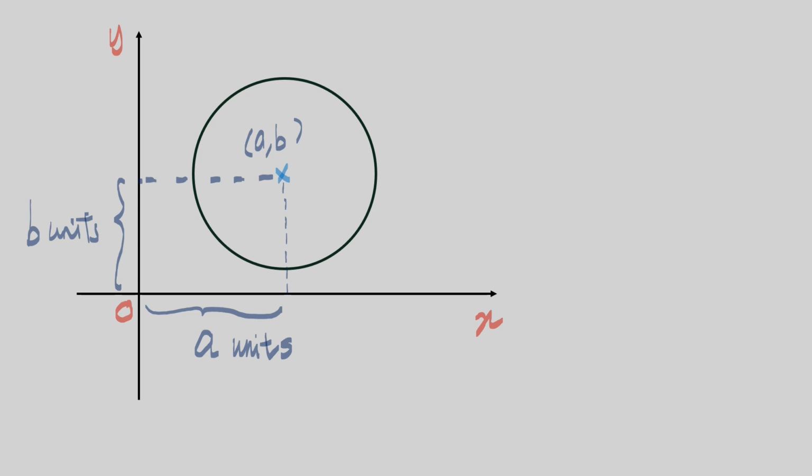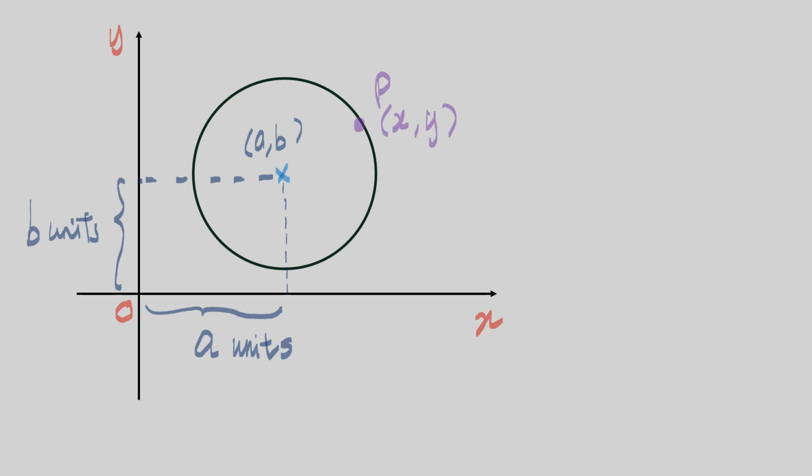Imagine that you have a little point P here. I'm going to use purple. I'm going to let the x coordinate of this point be x and the y coordinate be y.